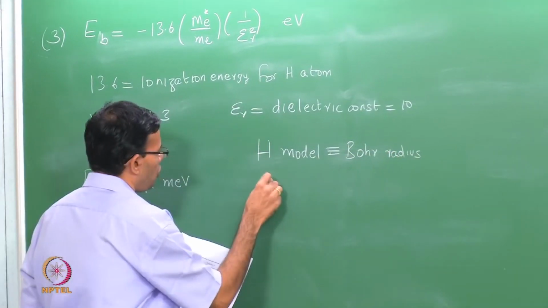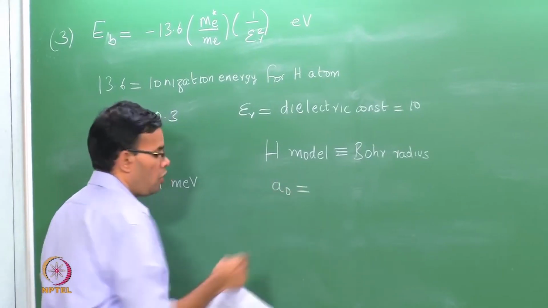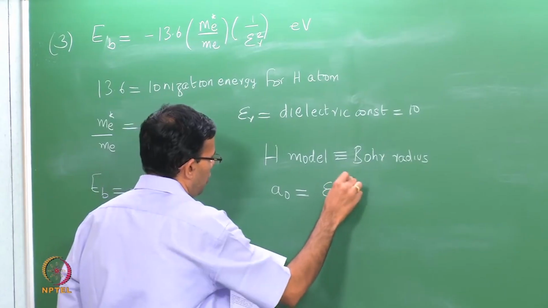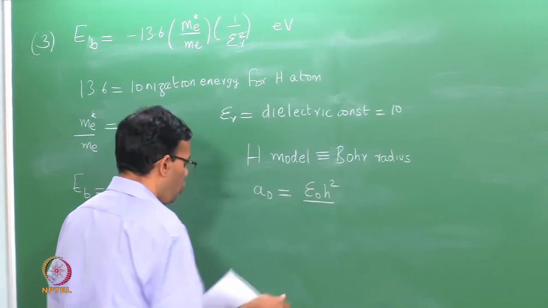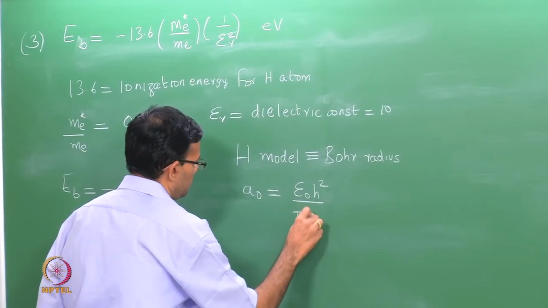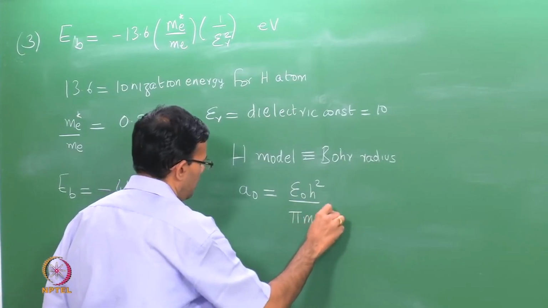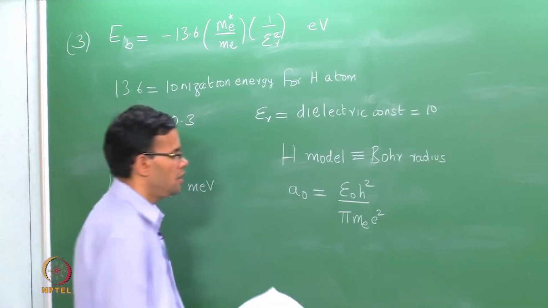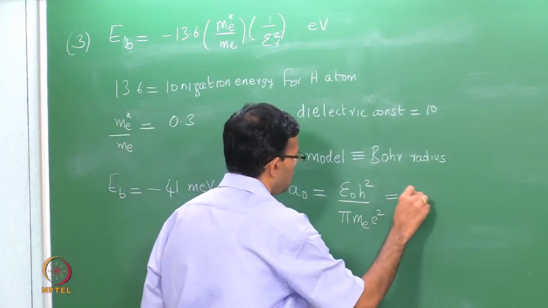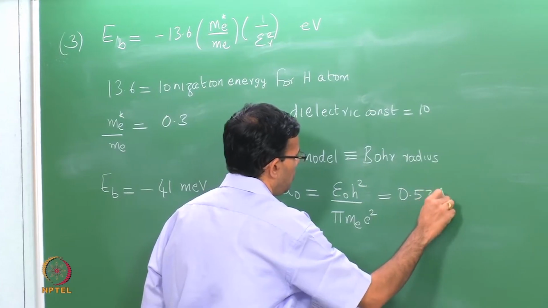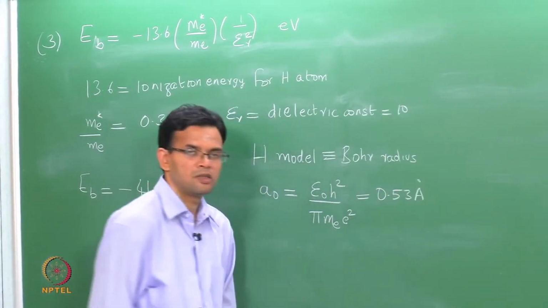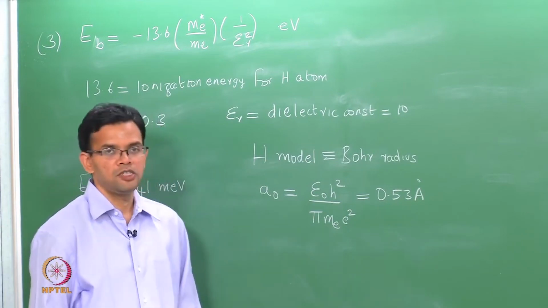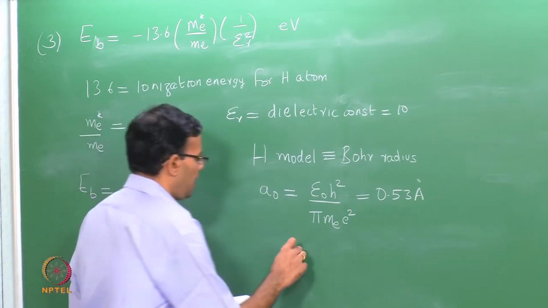In the hydrogen model, the Bohr radius a naught is given by the expression epsilon naught h square over pi Me e square. This is again based on calculations and the Bohr radius works out to be 0.53 angstroms. So, in this particular case we can use the same expression, but with epsilon naught modified.